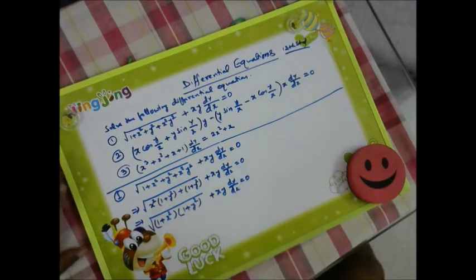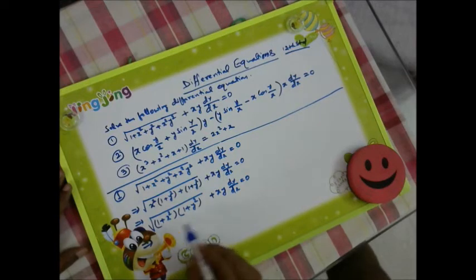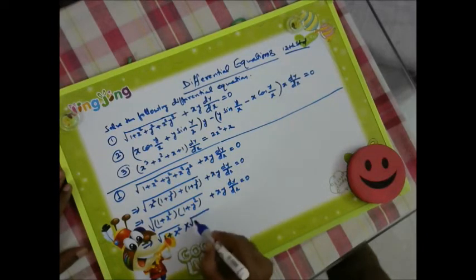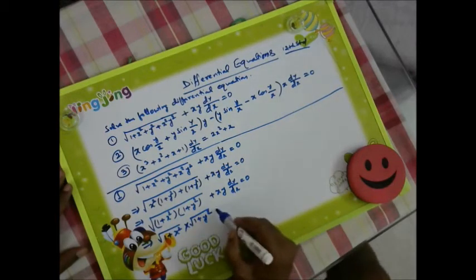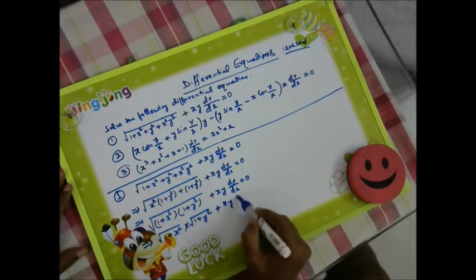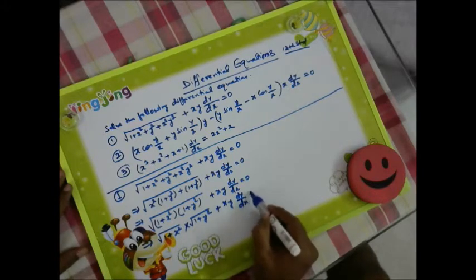This is the product of two different parts, 1 plus x square and 1 plus y square, under the root, plus xy dy by dx is equal to 0.